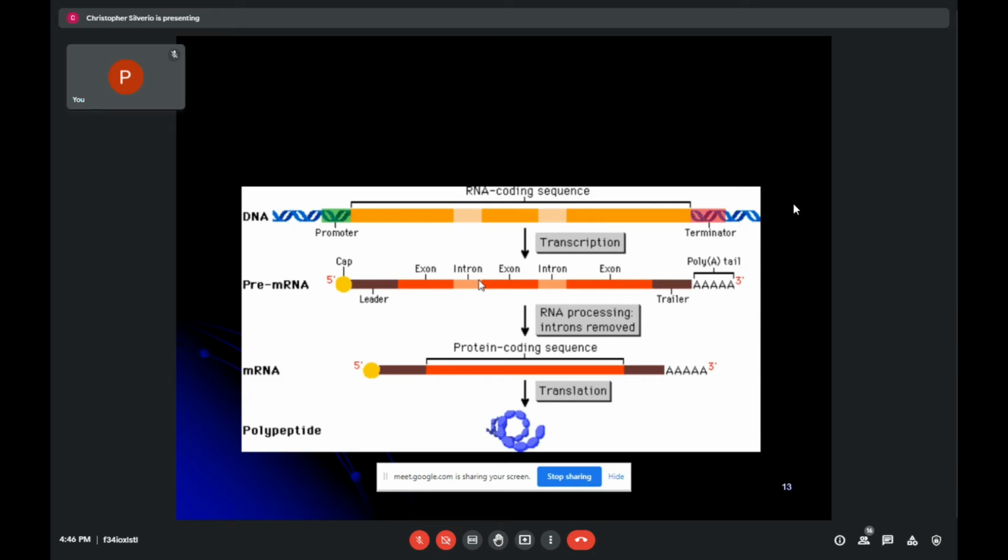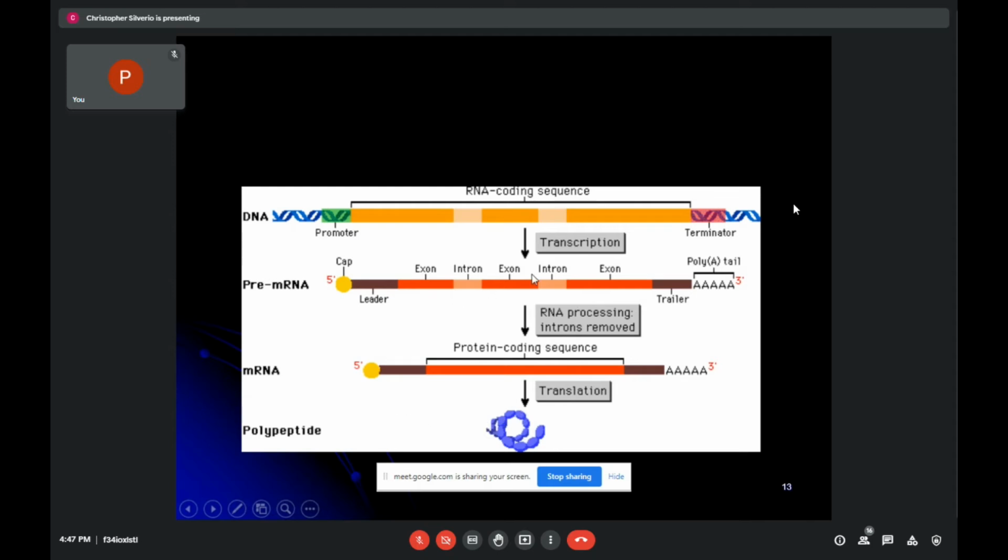When the intron is removed, the mRNA becomes shortened, and this is now the protein coding sequence. This is now the one that is being translated into protein.